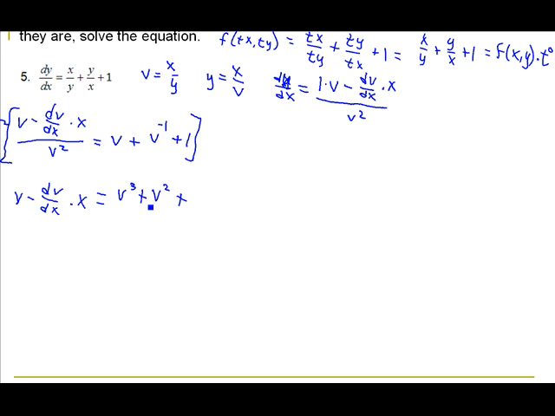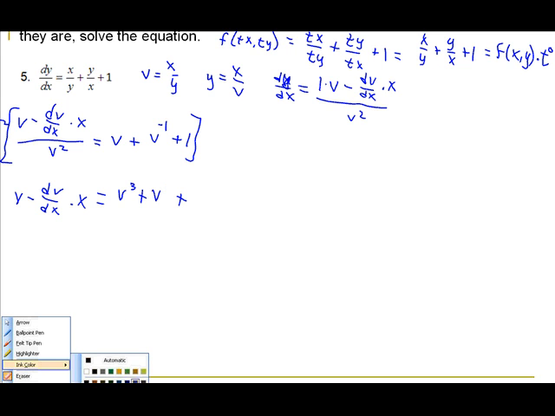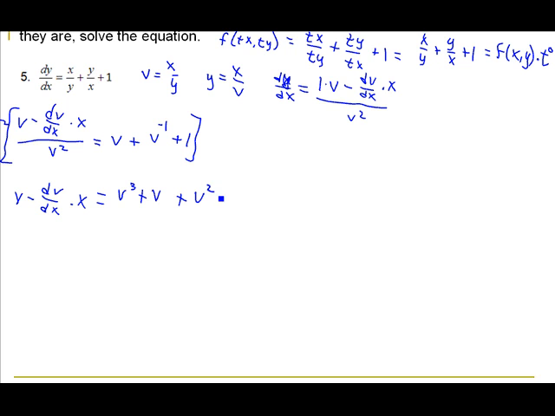V squared times v to the negative first gives you just v to the first. And then v squared times 1 gives you v squared.